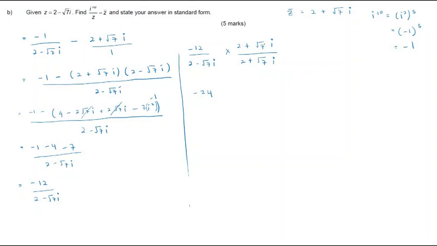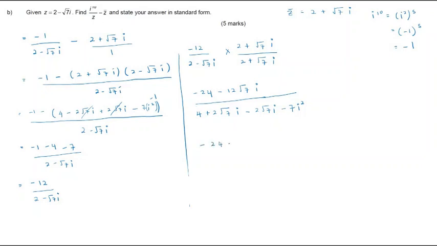Negative 12 multiplied by square root 7i is minus 12 square root 7i. 2 multiplied by 2 is 4. 2 multiplied by positive square root 7i, then square root 7i multiplied by 2, negative square root 7i. And then lastly, square root 7 multiplied by square root 7 is 7, then i multiplied by i is i squared.